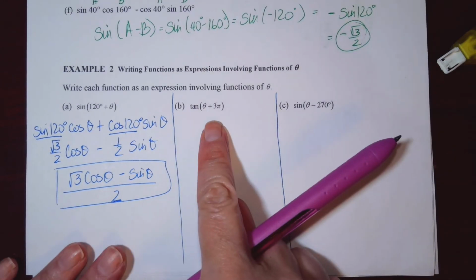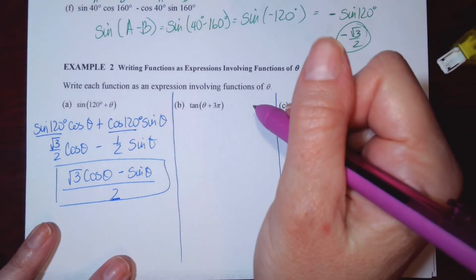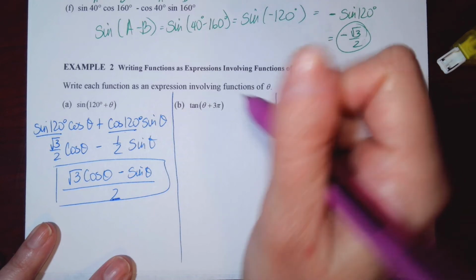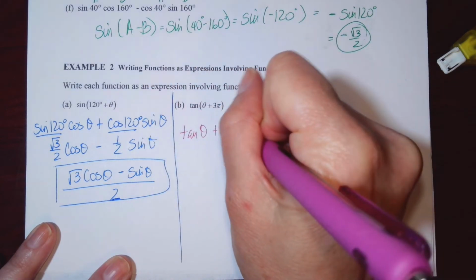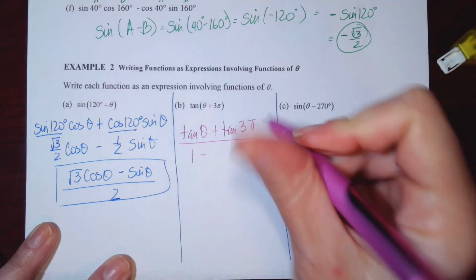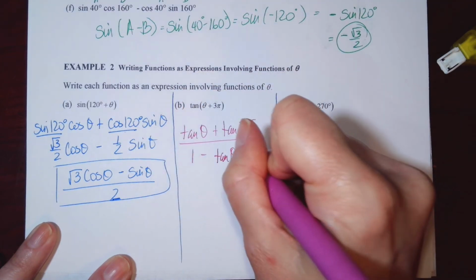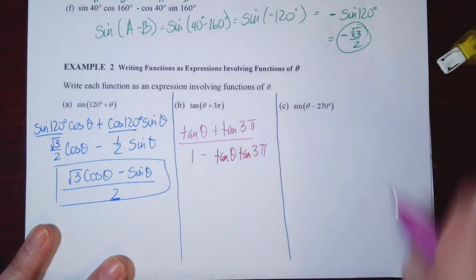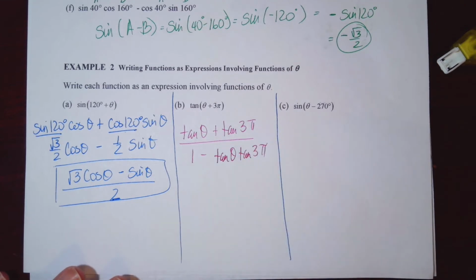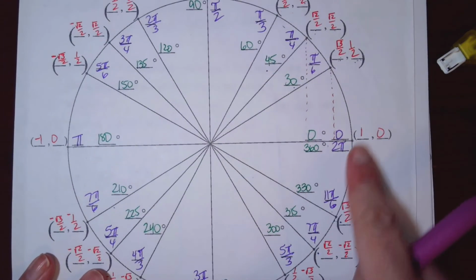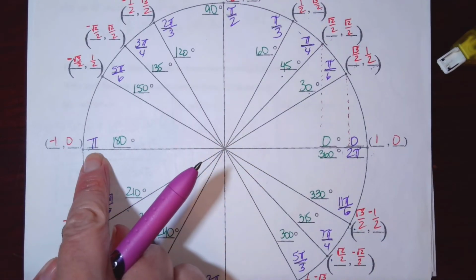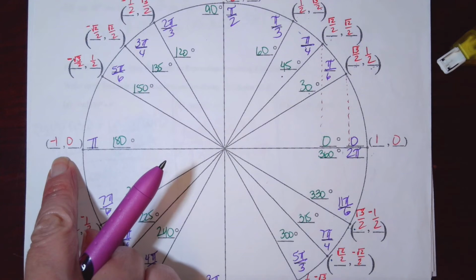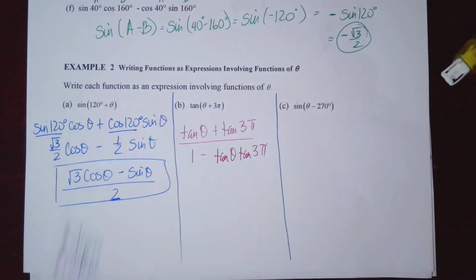For the second one, tangent sum. Well, 3 pi is a special angle. This is 2 pi. 3 pi is right over here. 3 pi is coterminal with pi. So that's my cosine and sine function values.